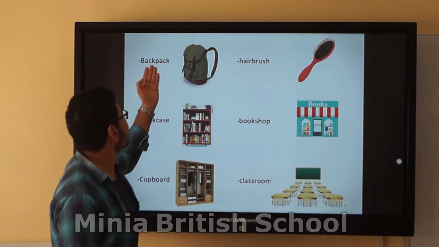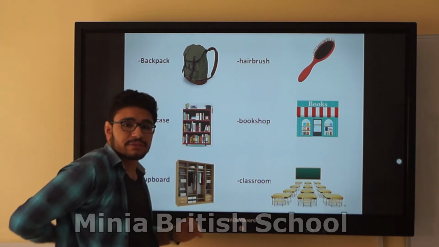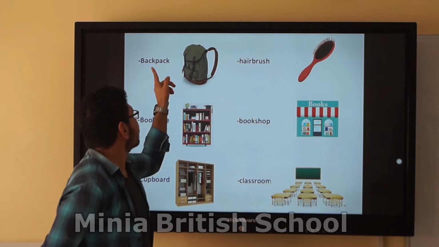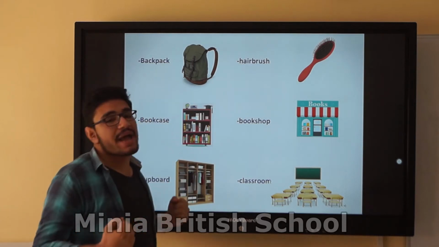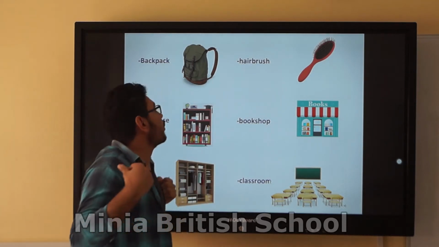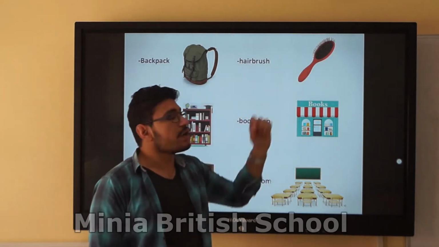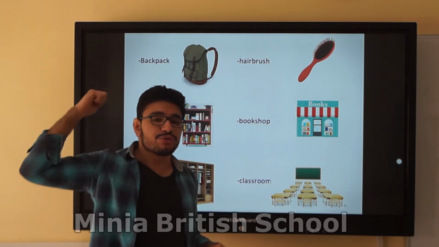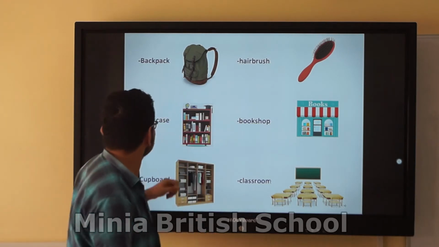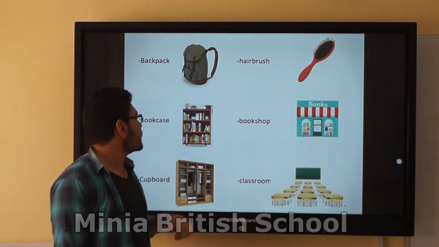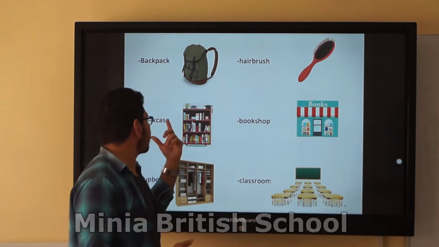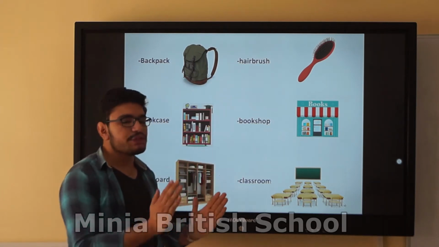Okay, we have bag. Here, bag, this is your bag. Bag we can wear on our backs. Hair and brush: this is a brush we use to comb our hair. Bookcase: book, we read; case, it's like a place you can put books in.